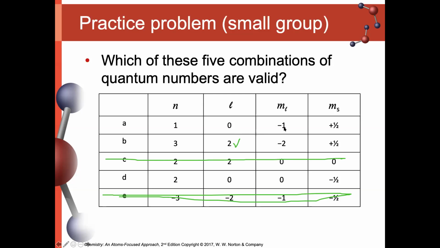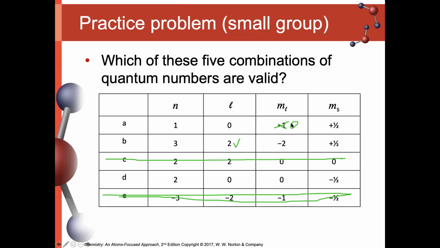Now we go to the next one. Is it possible to have a magnetic quantum number of -1 for an s orbital? No. Remember, we're bounded, it's positive and negative L. So the only possible value for m sub L, if L is 0, is also 0.